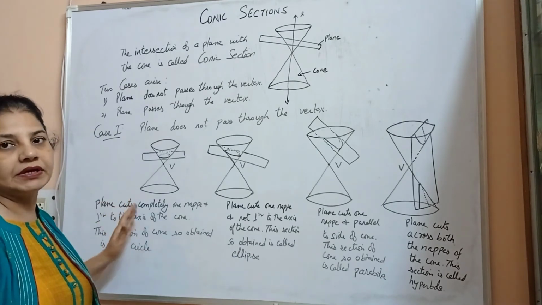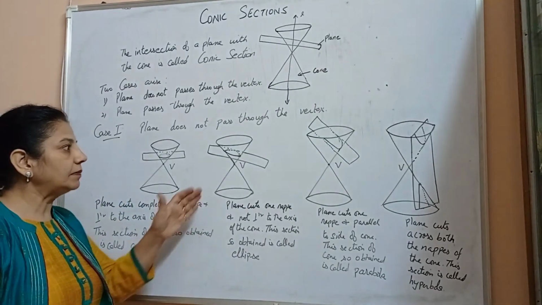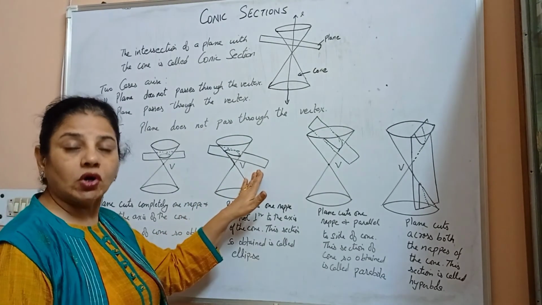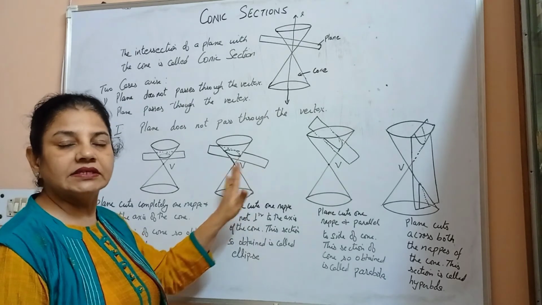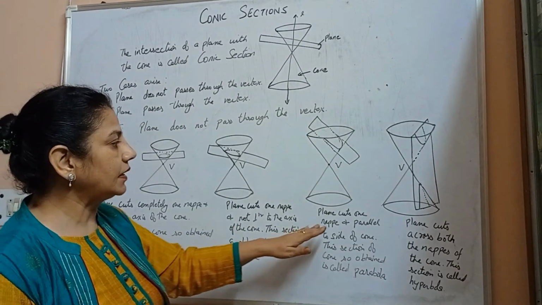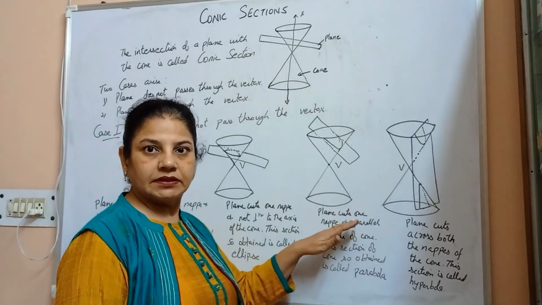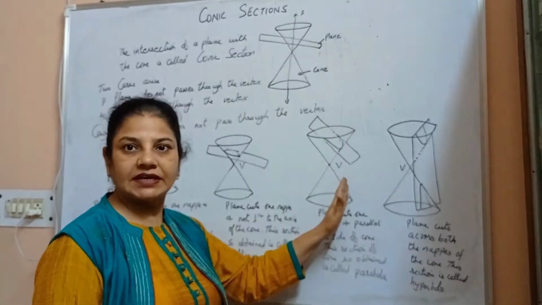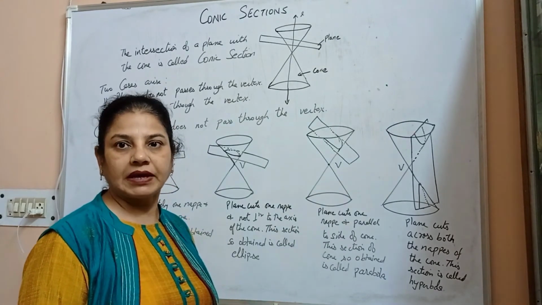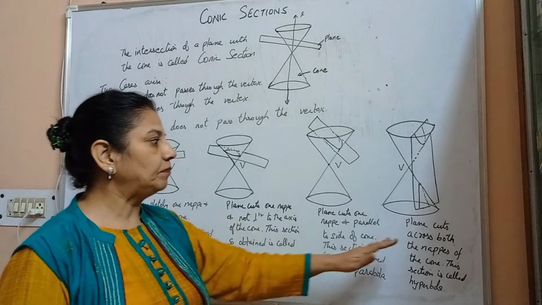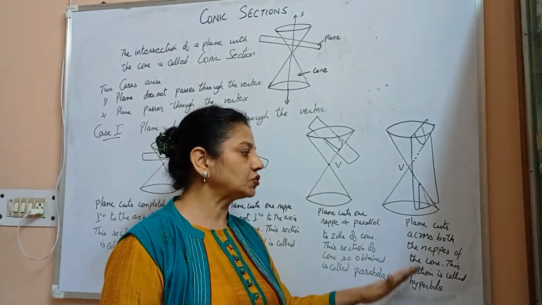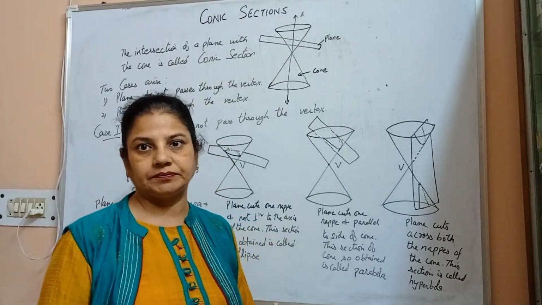The section so obtained is called a circle. When the plane cuts one nappe and is not perpendicular to the axis, the section so obtained is called an ellipse. When the plane cuts one nappe and is parallel to one side of the cone, the section so obtained is called a parabola. When the plane cuts across both nappes, the section so obtained is called a hyperbola.